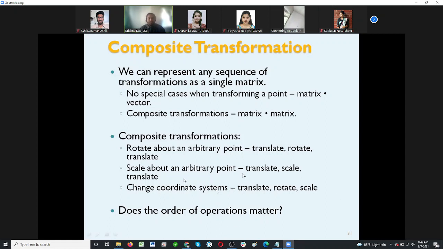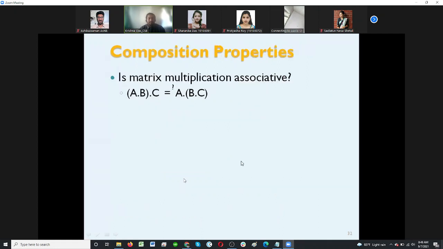With a different function, maybe the order is important, but in some cases it is not. Like associativity, no problem: a and b dot product, and then c.